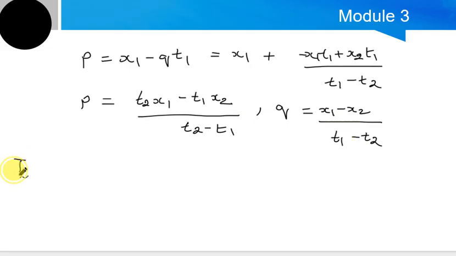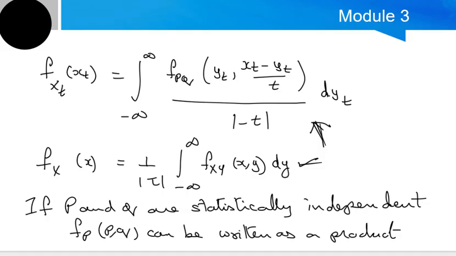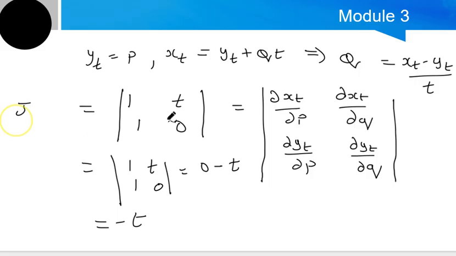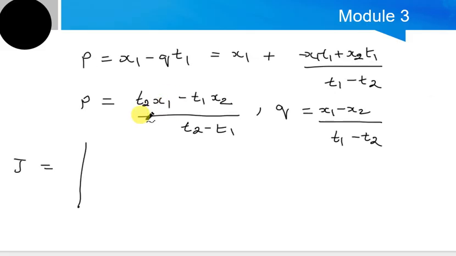Now let us find the Jacobian. As in the previous case, if you recall, what was the Jacobian that we had? Dou xt by dou p, dou xt by dou q, dou yt by dou p, dou yt by dou q. So when I have to differentiate this, I will have to go for x1 and x2.